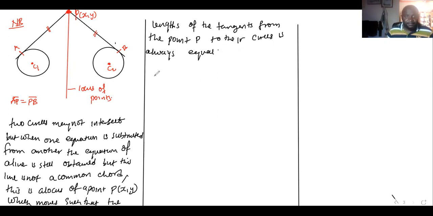An example. Examples of intersecting circles.